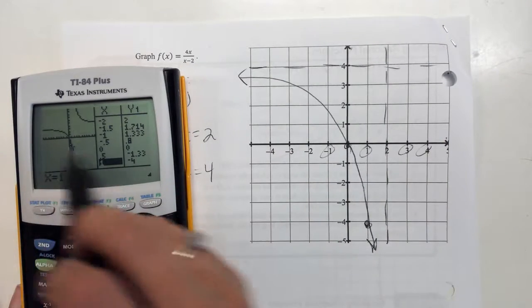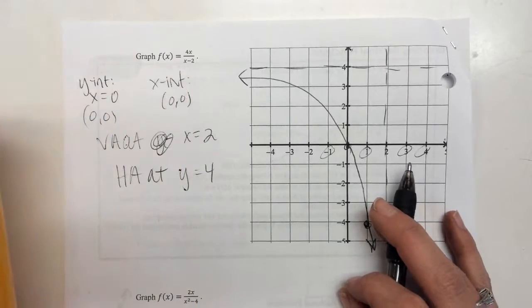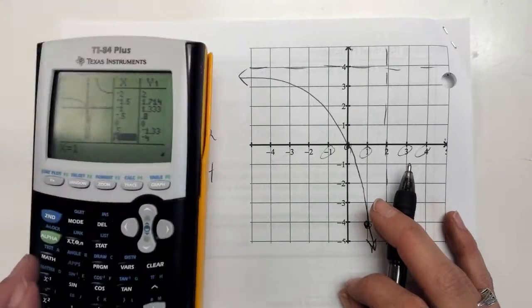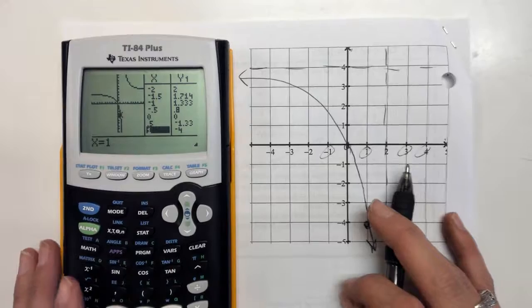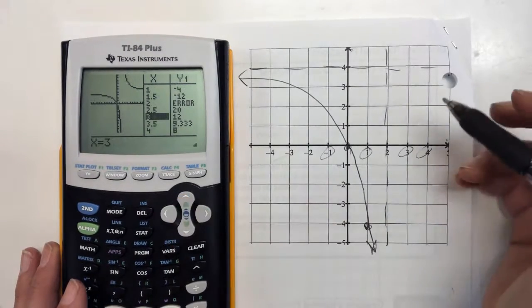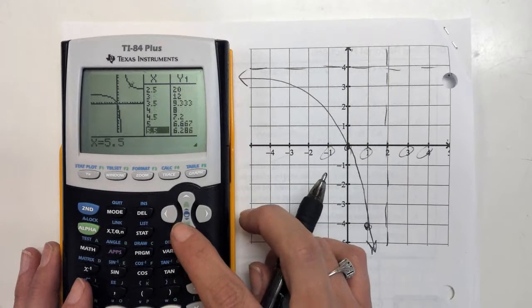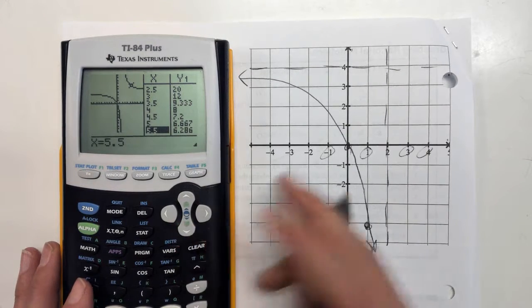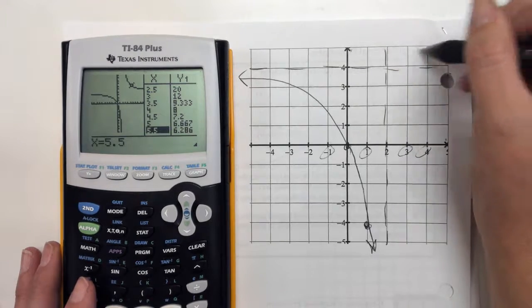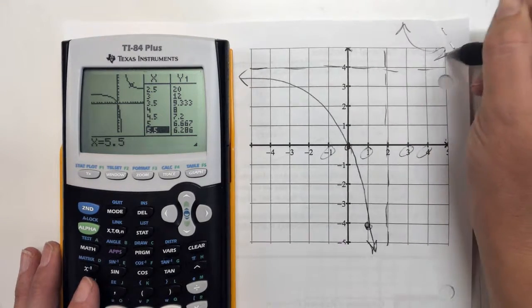You can see that's what the graph is doing as well. Alright, and then on this side, 3 and 4, let's see what's going on there. We got 12, definitely can't graph that. 4 is at 8, can't do that one. So I'm not going to draw this piece because it's just way on up there.